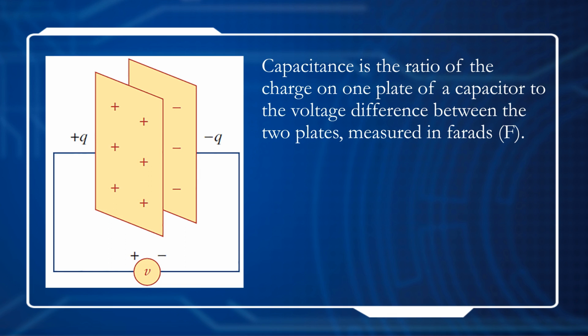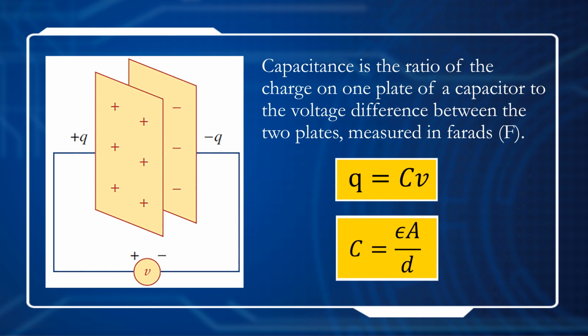From the graph, we should know that on each of the plates there is charge, and the quantity of the charge is Q. So we can calculate Q equals C multiplied by V, where V is the voltage of the voltage source, and C is the capacitance. For a capacitor, we can calculate the capacitance using this equation: C equals epsilon multiplied by A divided by d.